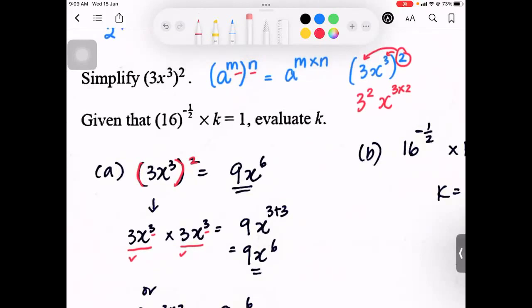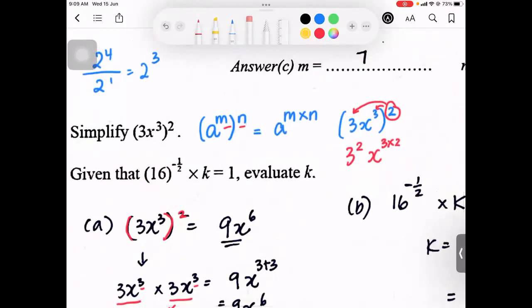But this can only be used if the power is something like a square, it's easier to see, right? If the power is like power 10, power 11, or even bigger than that, then it'll be difficult for you to write it out so many times. Then you will have to use this property over here already. Okay?